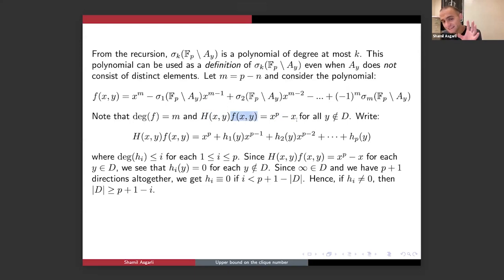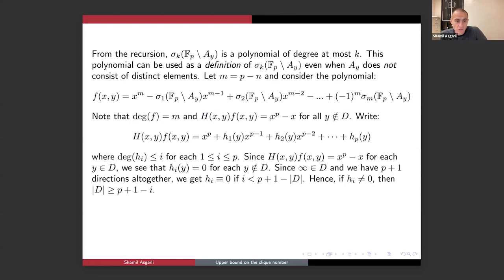But the catch is this equality is only true for y that is not in D. This is very important, so let me highlight that. For all y that is not a direction determined by the set U, we have this equality. This is interesting because both of these are polynomials in x and y, but for y not in D, if you look at this product, all the terms in x cancel and you just get this.